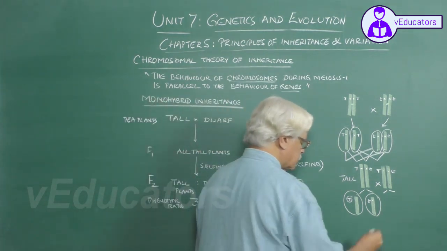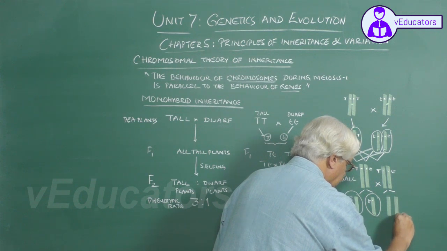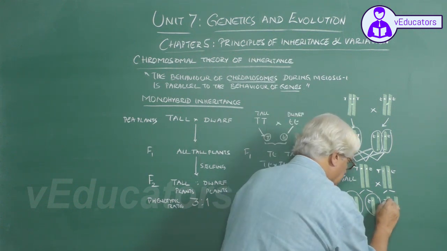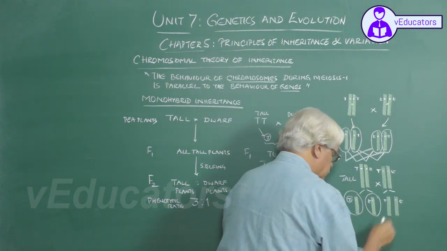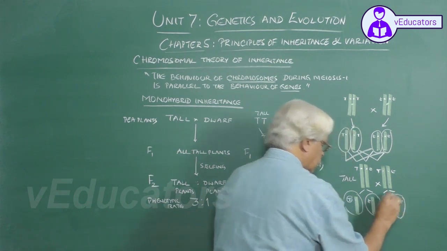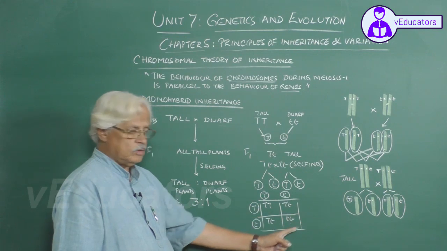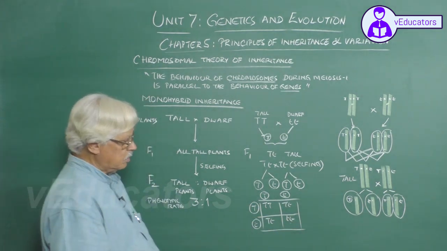Similarly here, two types of gametes, capital T, small t. So 2 into 2, these 4 combinations you will get.